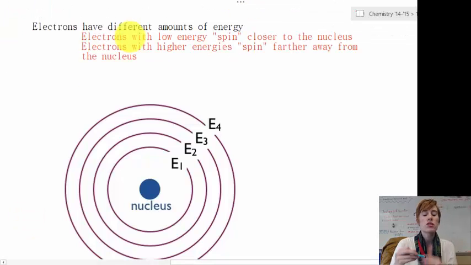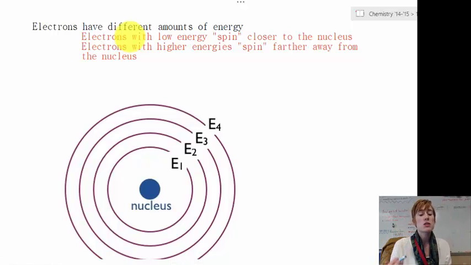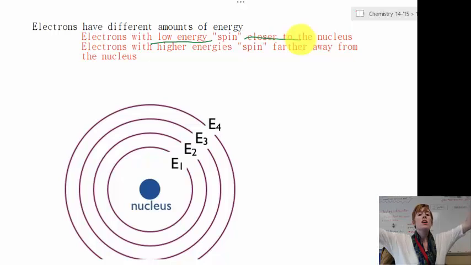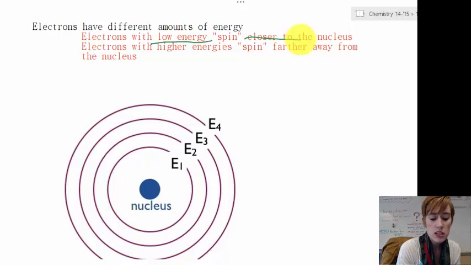We know that electrons don't spin in orbits. We know that they are sporadic, okay? They're sporadically bouncing around, but they sporadically bounce around in a certain area. So for example, electrons with lower energy are going to be spinning closer to the nucleus because they don't have as much energy to go away. Remember that the nucleus is positive and electrons are negative.